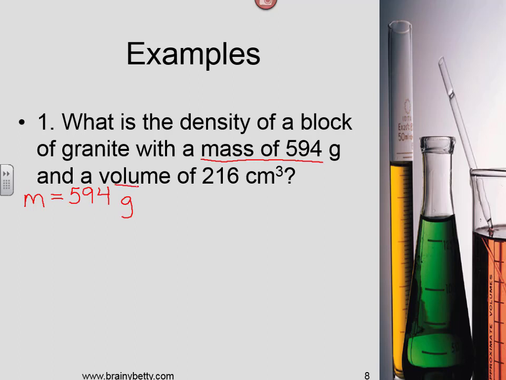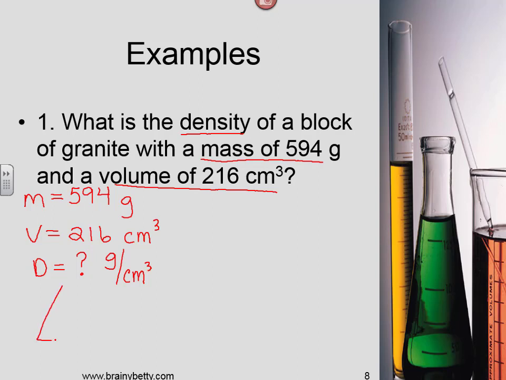We also know that the volume is 216 centimeters cubed. And we are looking for the density. Because our volume is in centimeters cubed, our density will also use centimeters cubed.